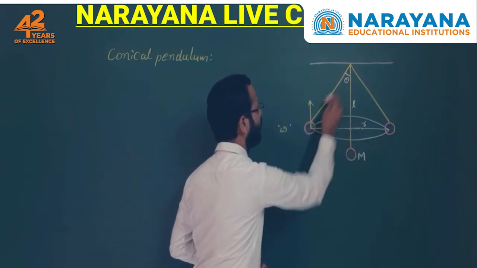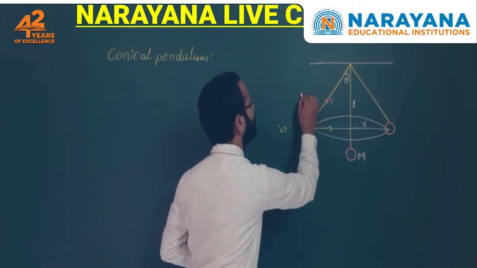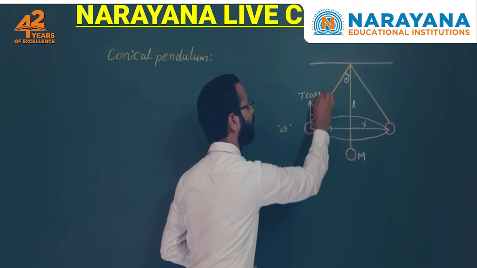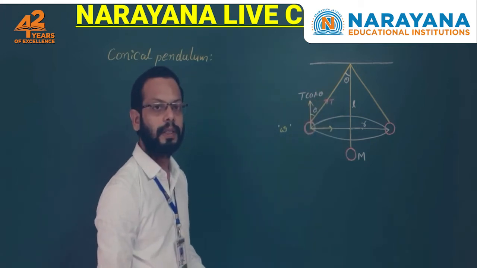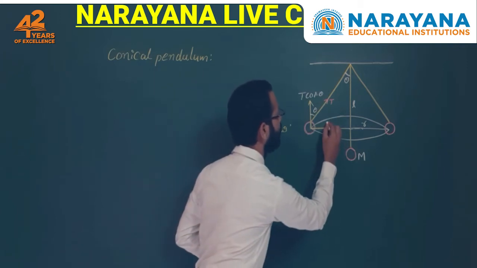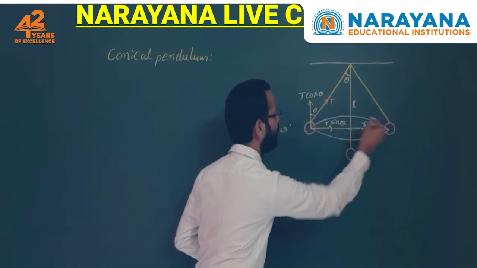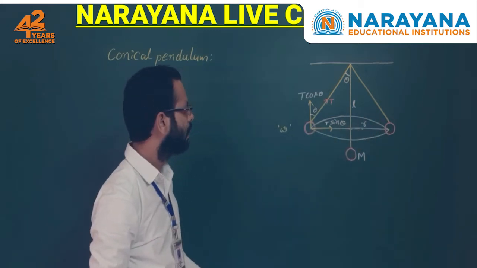Here we know this angle is theta, then this is also theta. Then we can write T cos theta along the vertical, and T sin theta along the horizontal direction.